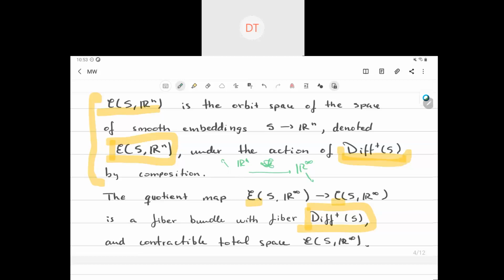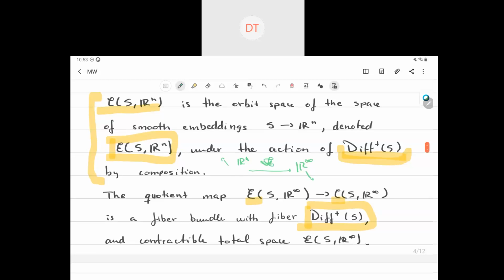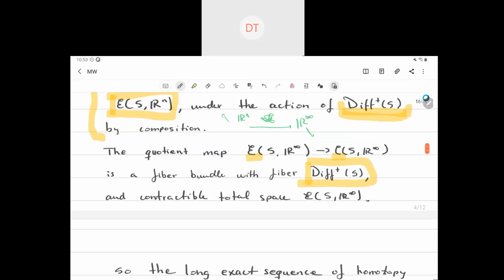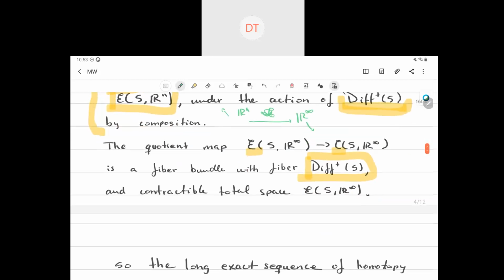So after that disclaimer, we have this fiber bundle, and this has fiber Diff, and the total space, embeddings of S into R infinity, is a contractible space. Again, this is another thing that I'm just stating without giving you a good answer to that.